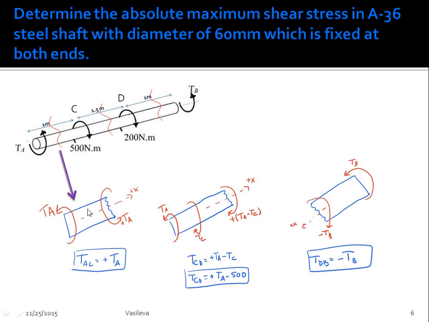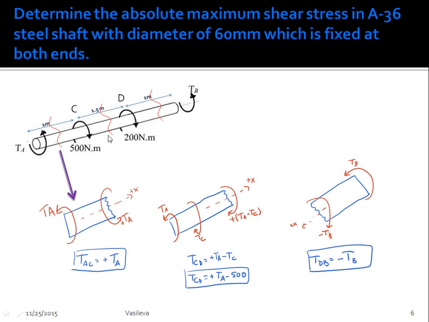Now once again, if this is my positive x-axis, then if I use my right hand rule, this is going to be the direction in which my fingers curl, therefore TA is going to be positive. So TAC, or the torque for section AC, is going to be positive TA.